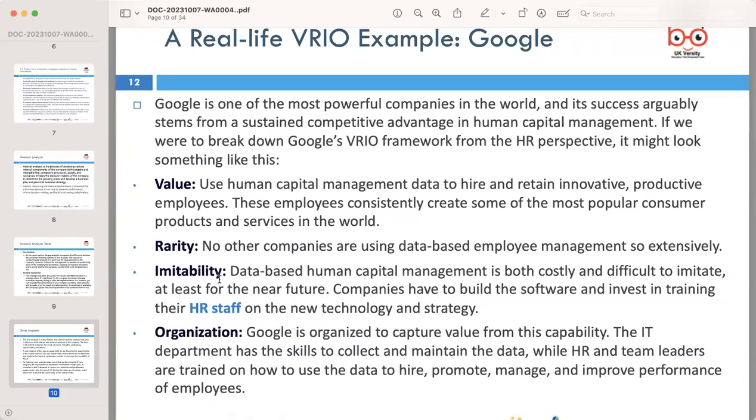Imitability: it's costly and difficult to replicate Google's data-based management. Then finally, organization: Google is structured to capture value from this capability, with IT maintaining data and HR using it for hiring and performance improvement.